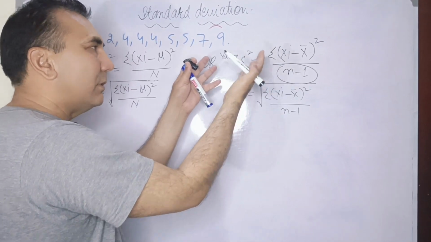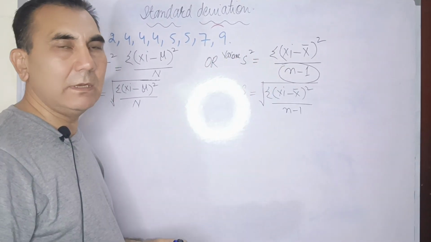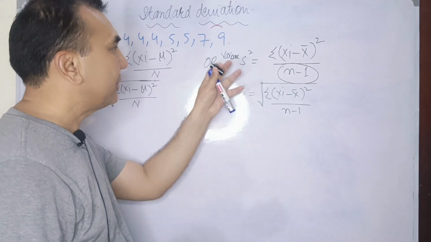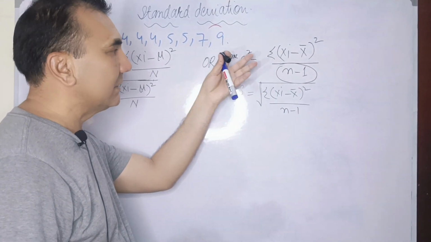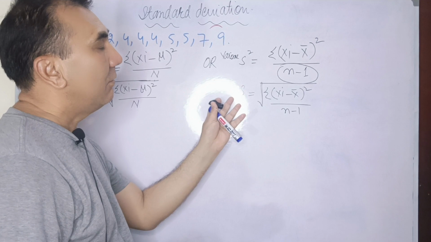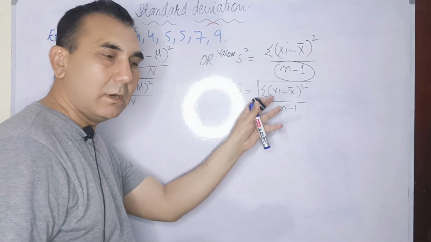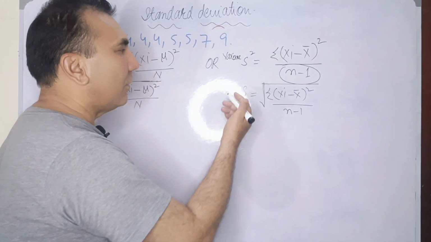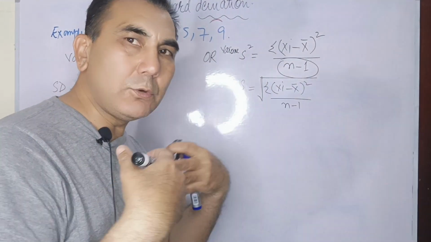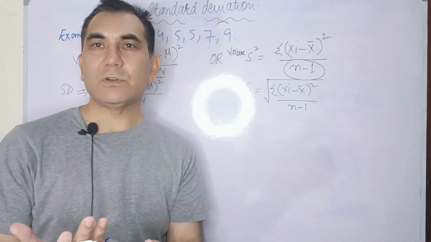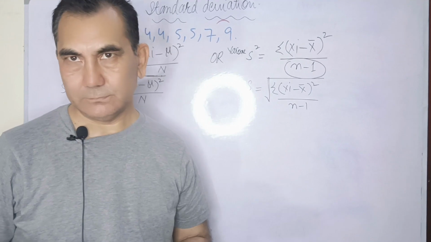Once you have calculated the variance of the sample, you take the square root of that variance, and it automatically gives the standard deviation of that sample.